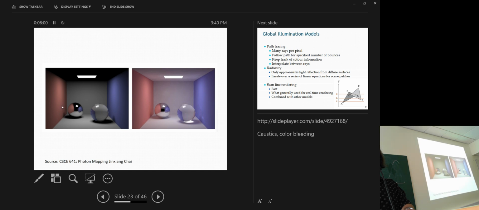So we have this color bleeding from the walls. You see a reddish and bluish tint here, and we definitely have considered several bounces and a larger path of the photon, because it's back reflected to the ceiling.